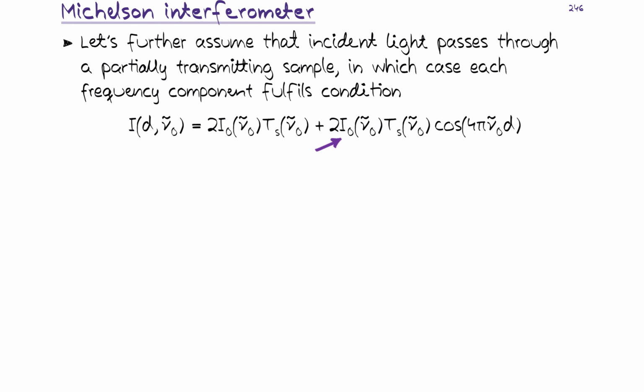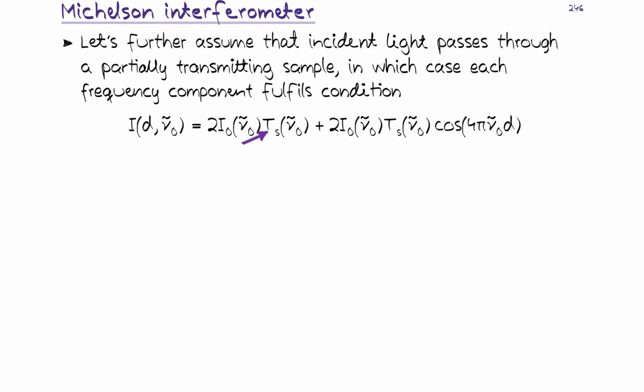The only thing we have changed is that we have multiplied this original irradiance distribution with a transmittance function associated with our sample. This big T S, as in sample, essentially tells us how much light of a given frequency, so a given wave number, is being transmitted through the sample.